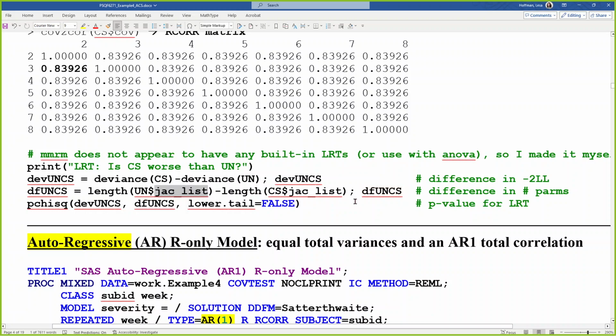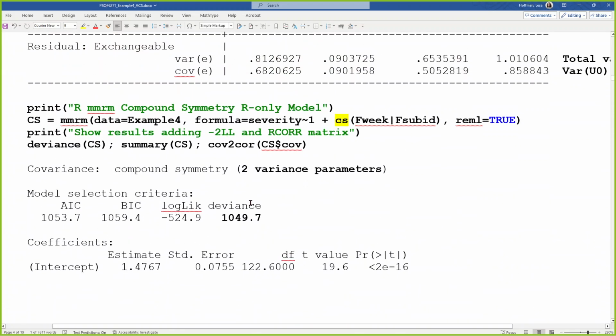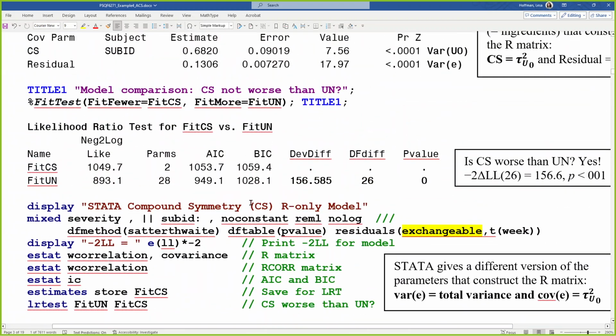So I found the degrees of freedom that way, and then I fed it into a function for a chi-square test to give me the p-value. And the end result is shown a couple other places in here. Here is my macro that I do in SAS. I have objects within this for the fit of the model with fewer and the fit with the model of more, and then you feed it into the macro and it spits out this little table.